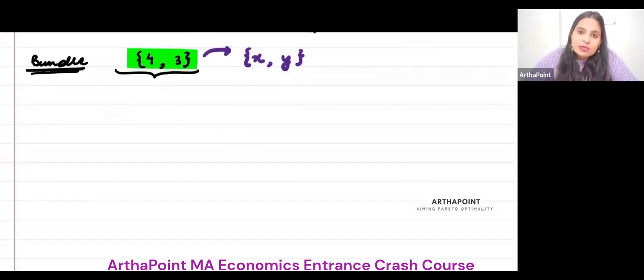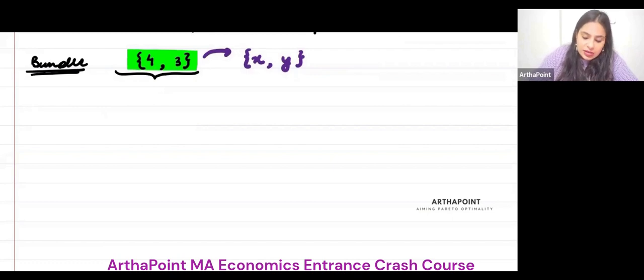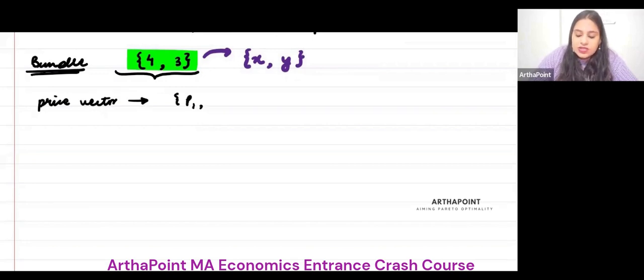Corresponding to any bundle, we have a price vector given to us. This price vector is P1, P2. Now, ideally, we can be talking about an n good case also.